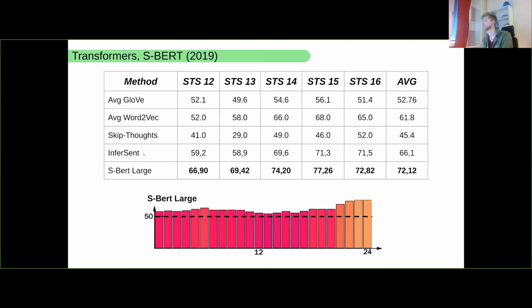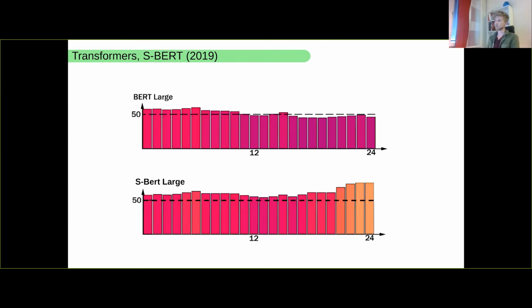So in essence, the biggest difference between inference and S-BERT is that inference uses an LSTM and trains directly on the 1 million natural language inference pairs, while S-BERT first pre-trains on a lot of text and then fine-tunes with the inference. And just comparing them side by side, we see that the fine-tuning has mostly affected the later layers of the model, which is to be expected.